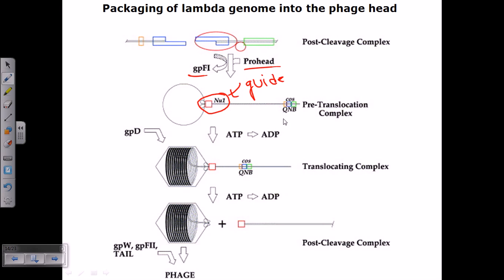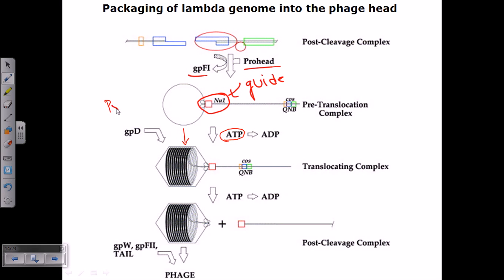Okay, and at the terminal there are proteins called Q and B that are attached there. Then as they start the packaging, they require energy for the packaging. The energy is supplied from ATP hydrolysis. So ATP is getting hydrolyzed, and they start to package it, and while packaging, you can see here clearly that the prohead is also matured into a mature head.